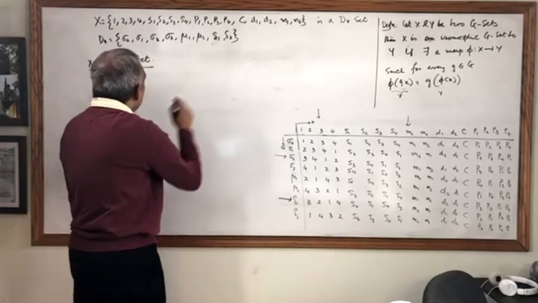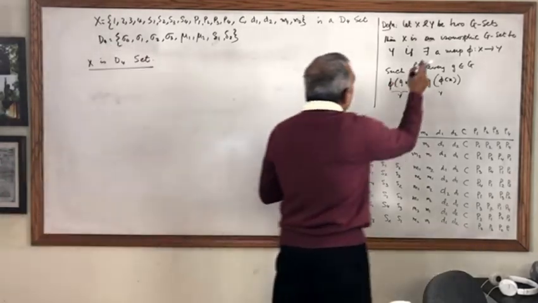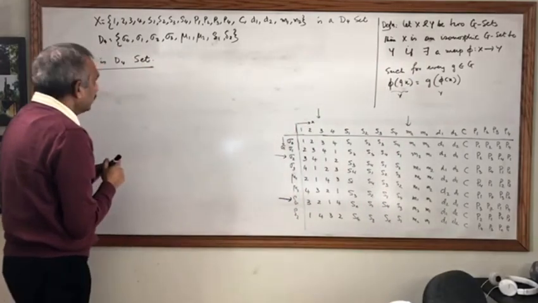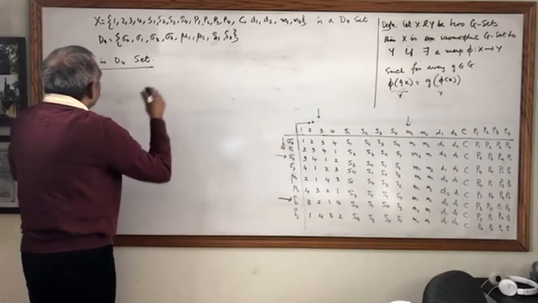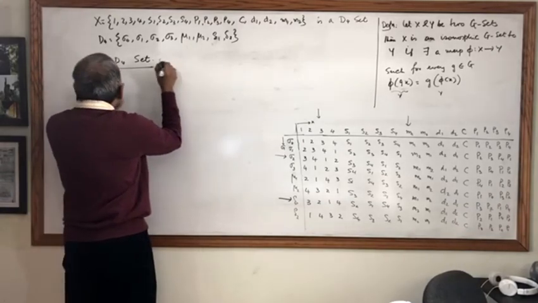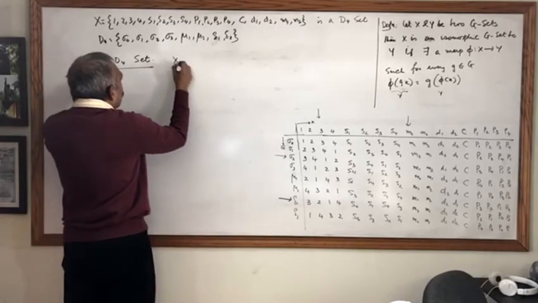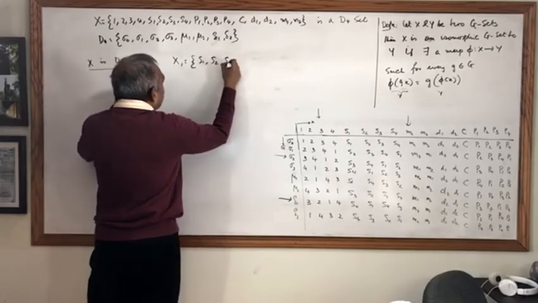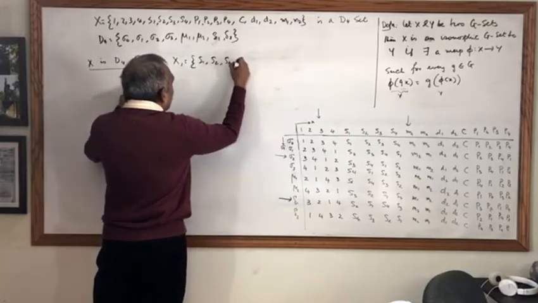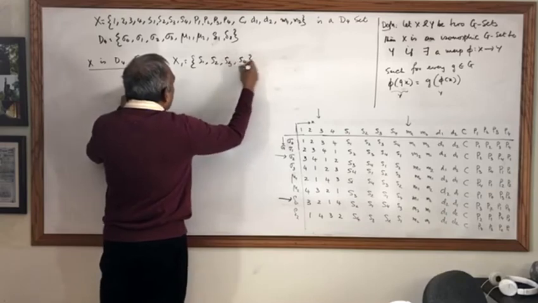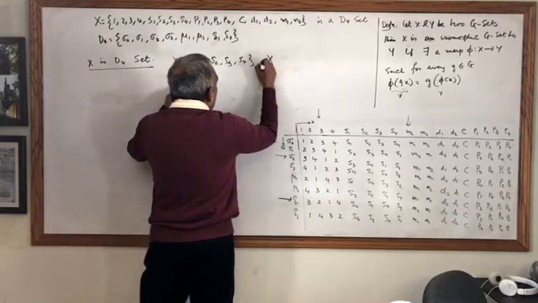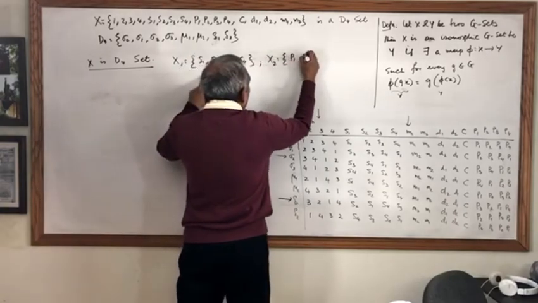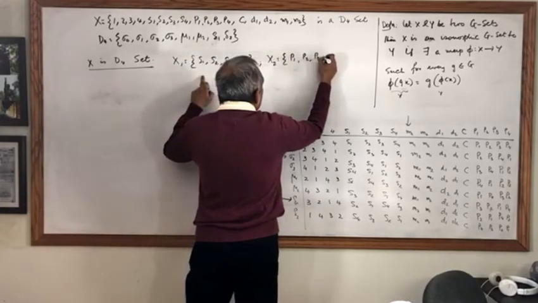Now let us see these isomorphic G sets using this example. So let us take two subsets of X, X1 as S1, S2, S3 and S4, and X2 as P1, P2, P3 and P4.